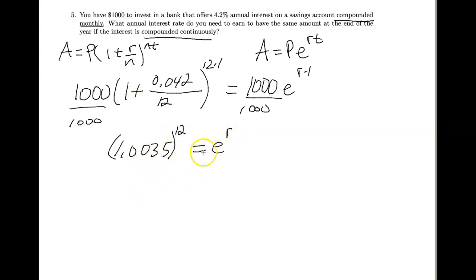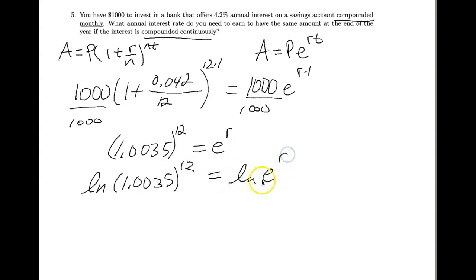And when we solve this exponential equation, we notice that the base is E, so this means I can take the natural log of both sides. Which means on the right side, the R will come down as a factor, and natural log of E is 1.